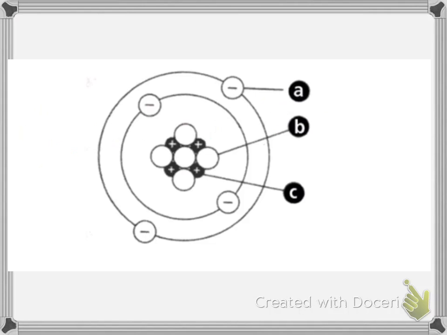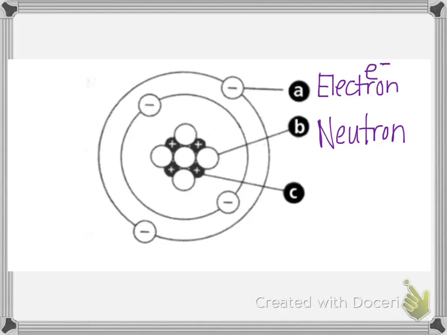Now, the next thing we have here at the bottom is a picture. This is a picture of an atom, and we're going to identify what these parts are. Part A here has a negative charge. It's not inside the nucleus. You can see it's orbiting around the nucleus. This is where you will find your electrons. Next, inside the nucleus, it's pointing to a round circle that doesn't show having a charge, so it has no charge.